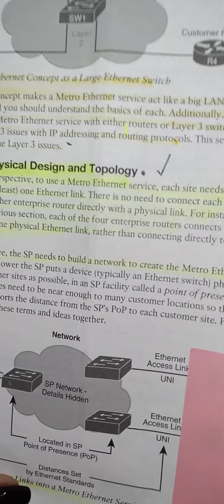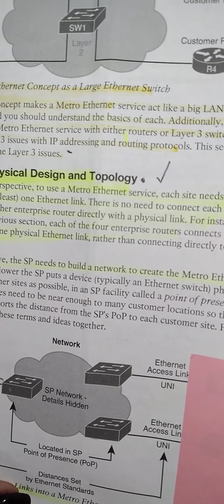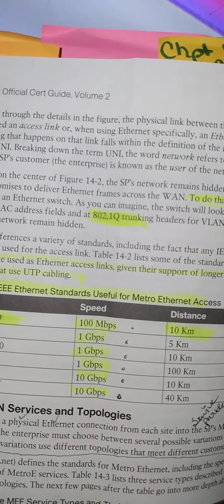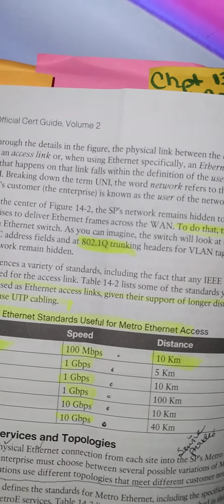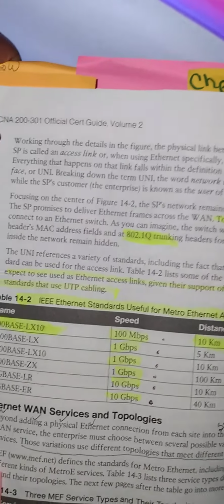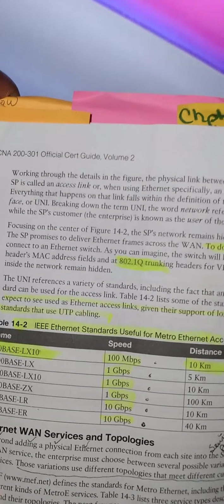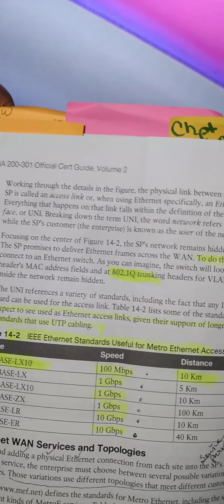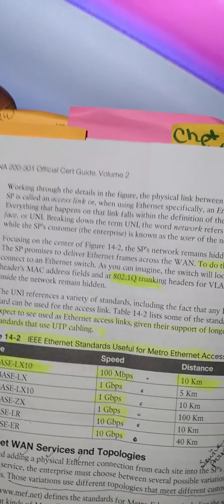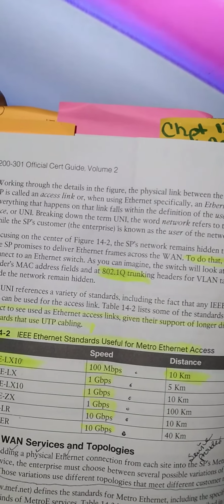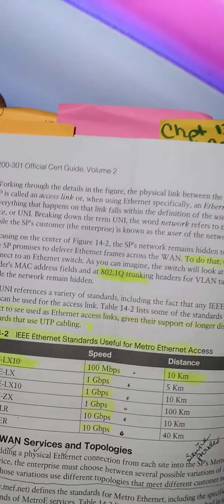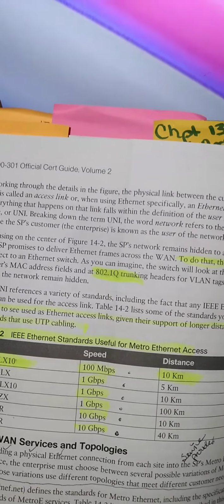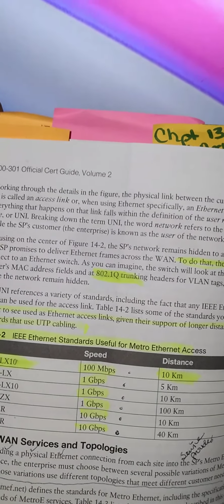Ethernet access links into a Metro Ethernet service. And as you can see in Table 14-2, the IEEE Ethernet standards useful for Metro Ethernet access state 100BASE-LX10, speed is 100 megabits per second, distance is 10 kilometers.